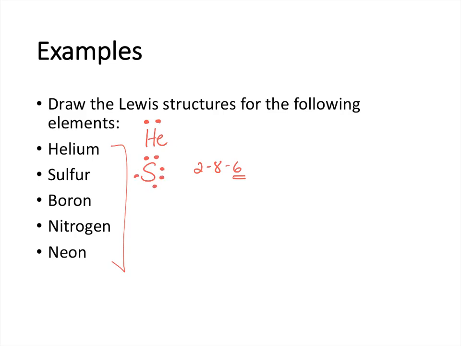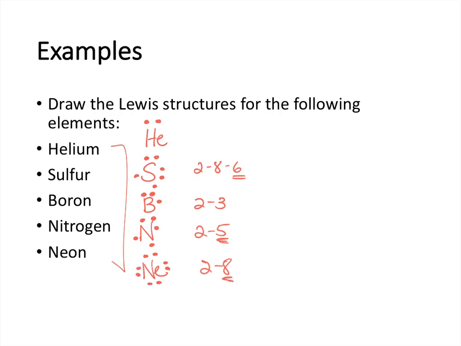But again, you could do 2, 2, and 2, it's fine. Boron symbol is B. Its electron configuration is 2-3, 1, 2, 3. Nitrogen's configuration is 2-5, 1, 2, 3, 4, 5. And then neon's symbol is Ne. Its configuration is 2-8. So neon would max out with all 8 dots.